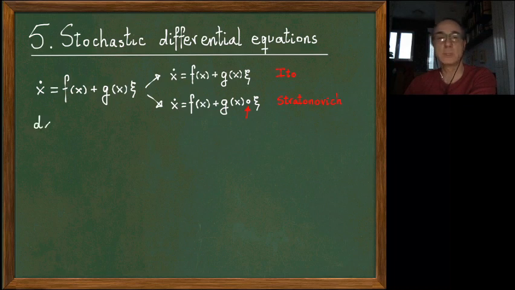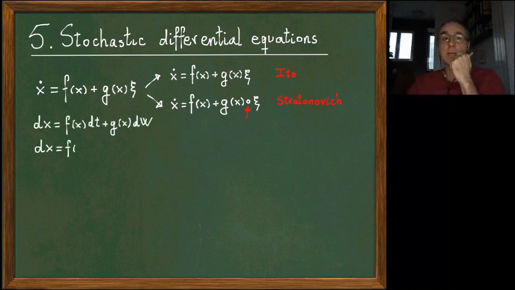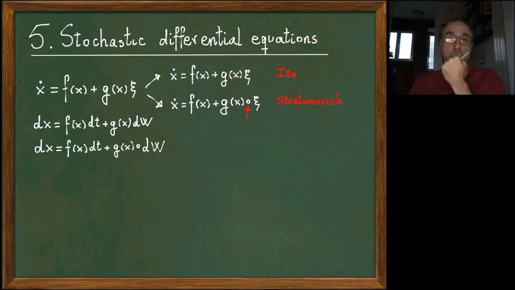Another notation, which is the one that the mathematicians prefer, is this one with differentials, and also you can use this little circle to indicate the Stratonovich interpretation. But as I said, this is not a completely universal notation.